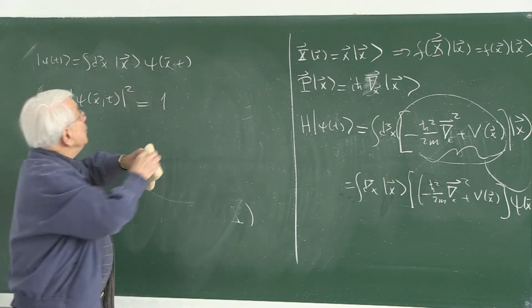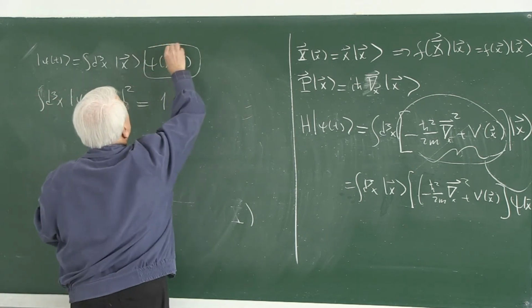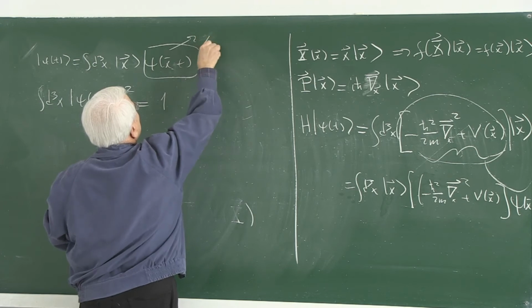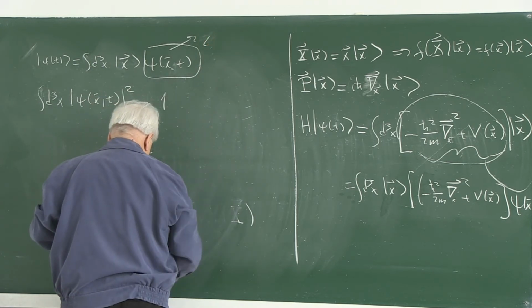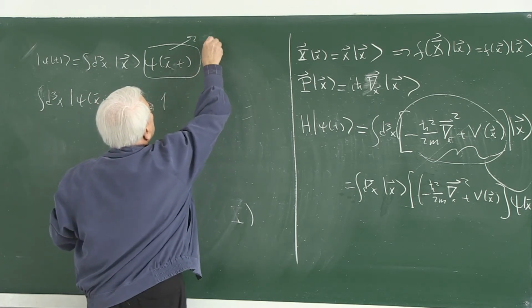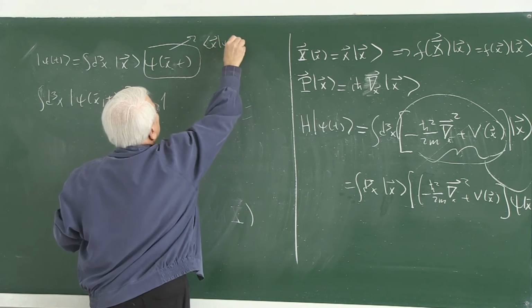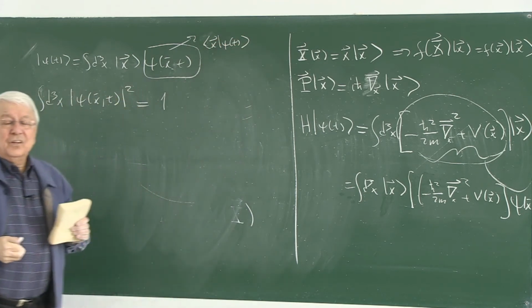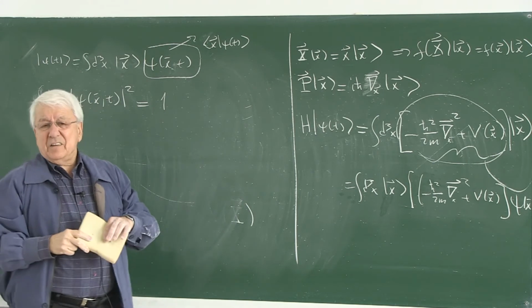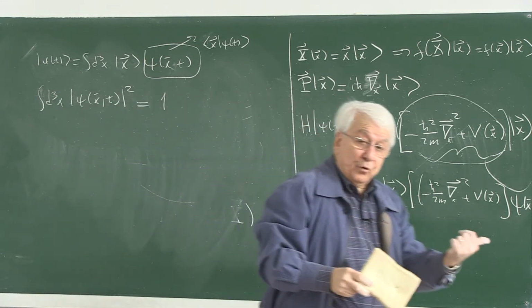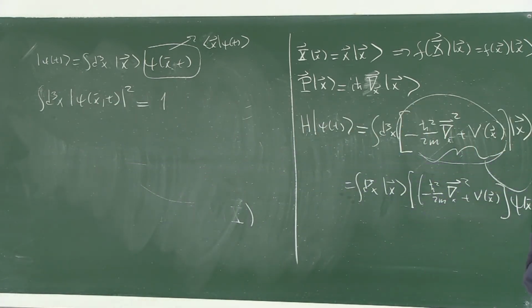Well, the physical meaning of this is buried in itself. The inner product of x with psi of t is the probability density, because it's a projection, right? It's the coefficient. Probability density of finding the object represented by psi at the point x at time t.